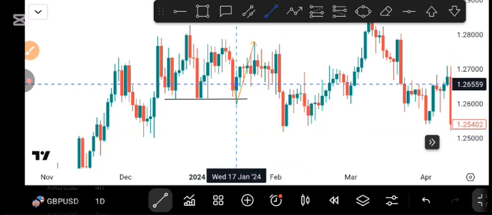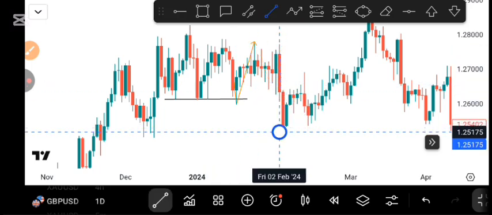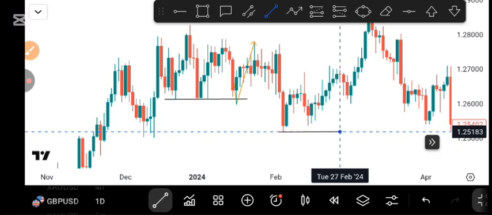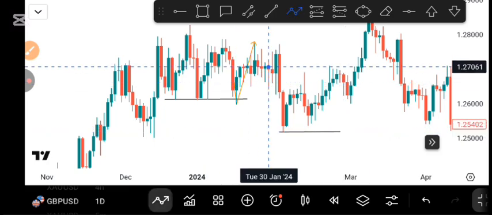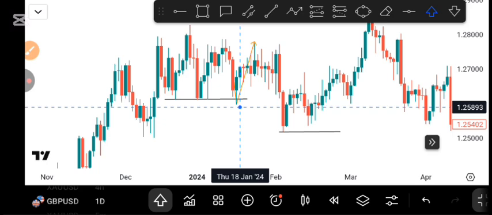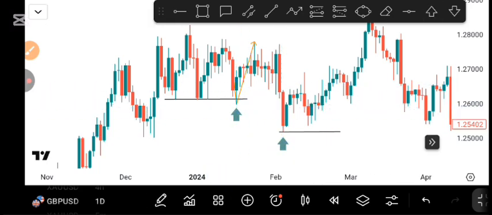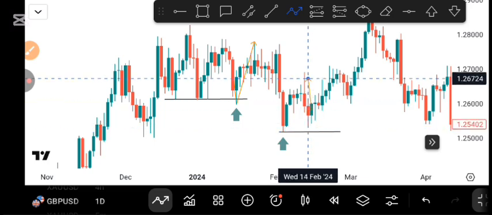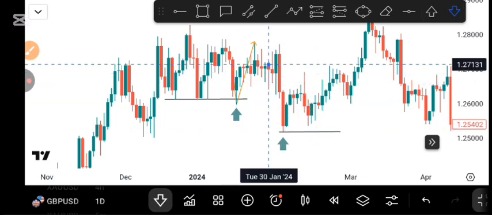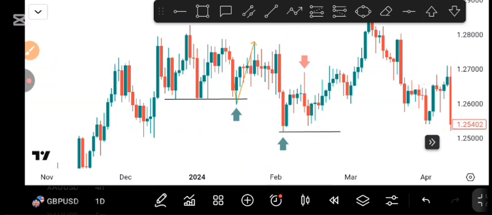You can see right here that this market failed after creating this low right here and giving us a lower low. This market failed to take out this low after creating this high right here.